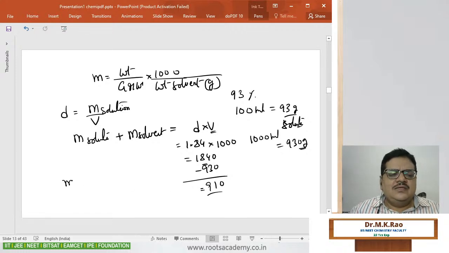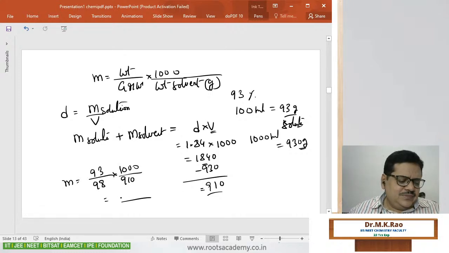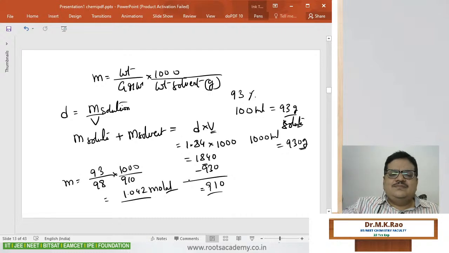Now molality is equal to weight of solute 93 by molar mass into 1000 by mass of solvent 910. Solve it, and finally you will get 1.042 mole. Like that you can approach.